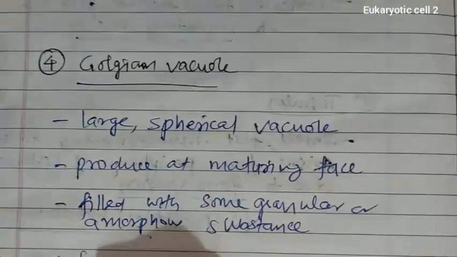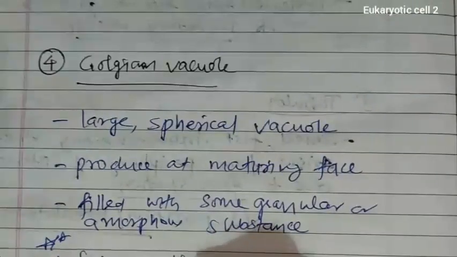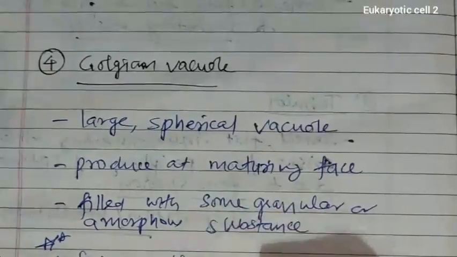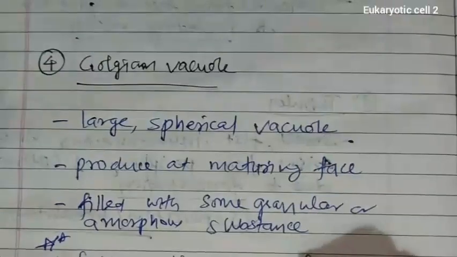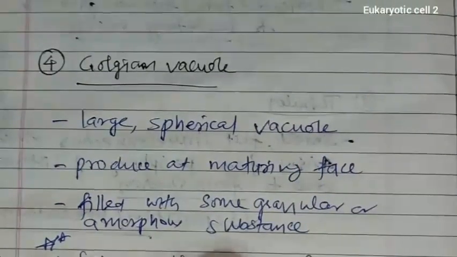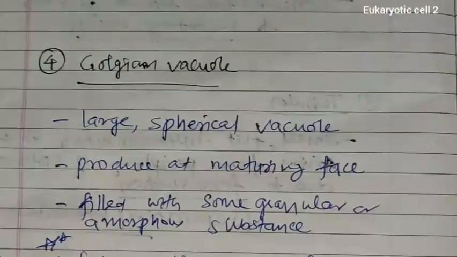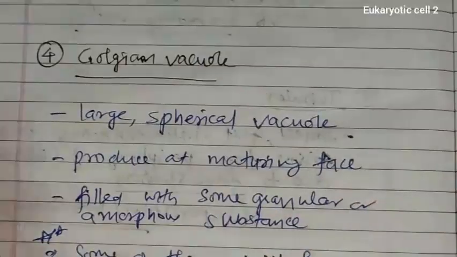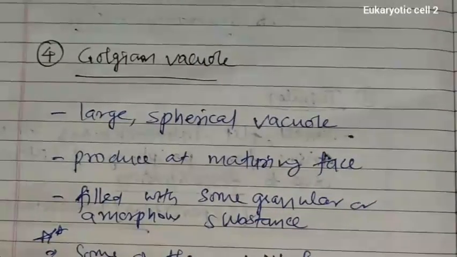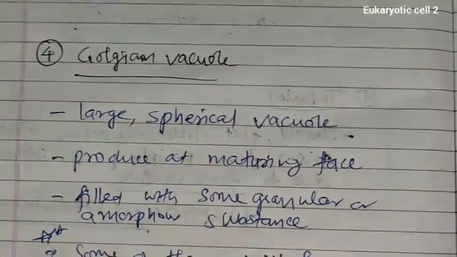An important point is that some of them will function as lysosome, and we have seen this Golgian vacuole in the diagram. So these are the four parts of the Golgi complex: the cisternae, tubules, vesicle and Golgian vacuole.